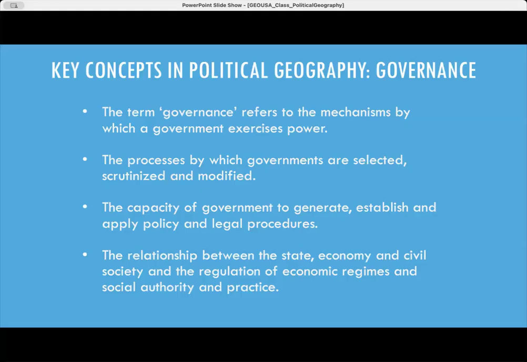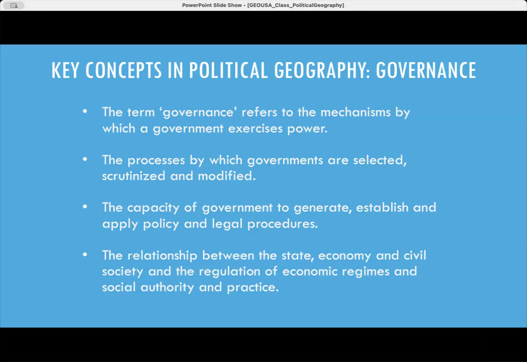Governance also refers to the capacity of a government to generate, establish, and apply policy and legal procedures. So this is making legislation, passing legislation, and then enforcing that legislation at the county, town, city, state level, right? Governance is also the relationship between the state, the economy, and civil society.